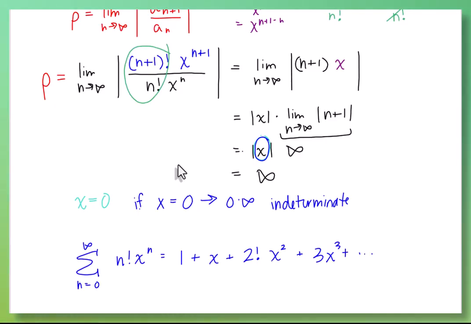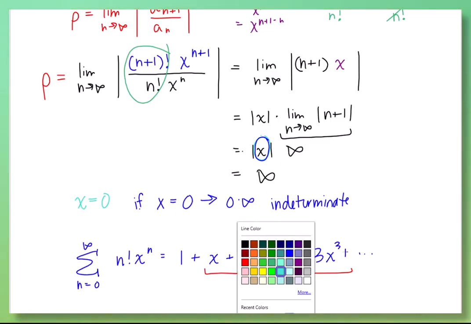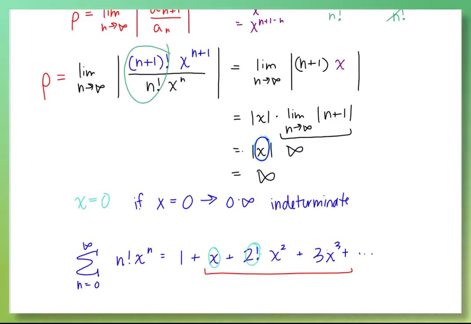What do you notice about all of these terms in the polynomial if I let x equal 0? Those would all zero out, and the sum would go to 1. So this is a positive series, so we would say it converges absolutely.